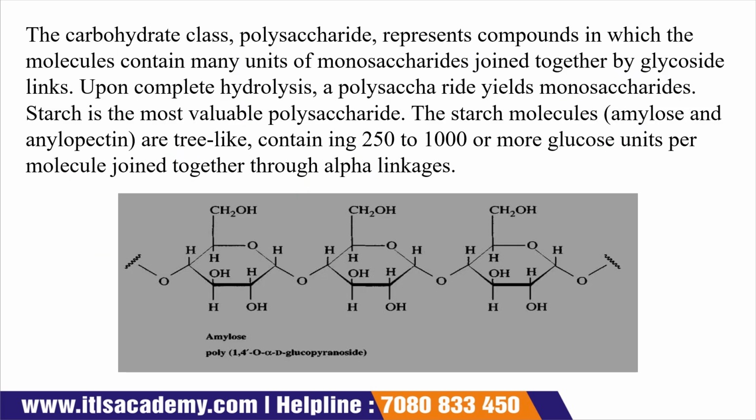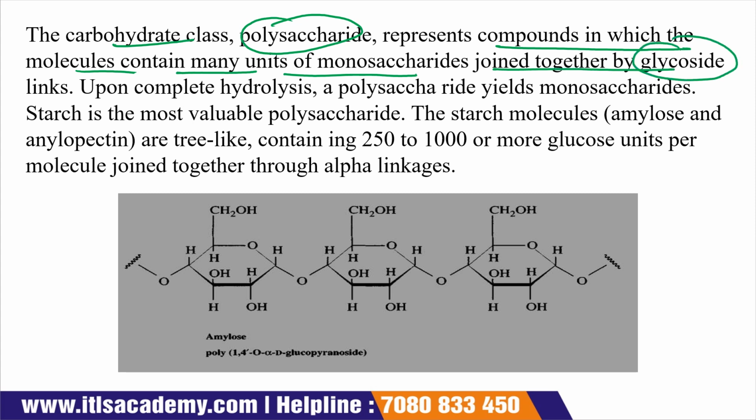Now the next is the carbohydrate class. The next class of carbohydrate is the polysaccharide, which represents a compound in which the molecule contains many units of monosaccharides. Okay, in a disaccharide there are 2 units of monosaccharide, but in case of a polysaccharide there are many units of monosaccharide which join together by a link that is called a glycosidic linkage.